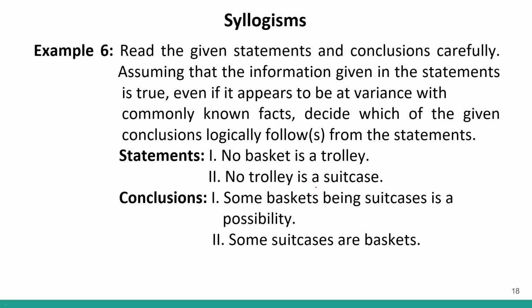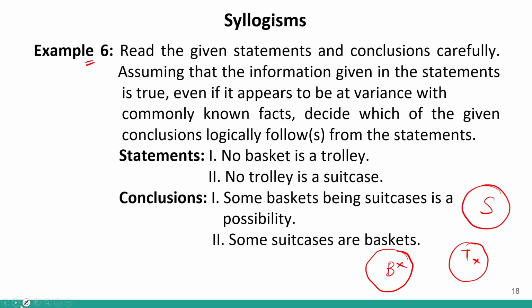Now, example number 6, statements and conclusion. Statement says no basket is a trolley. So, basket and trolley will not overlap. No trolley is a suitcase. So, now we have a third separate entity, suitcase. Trolley and suitcase will not overlap.